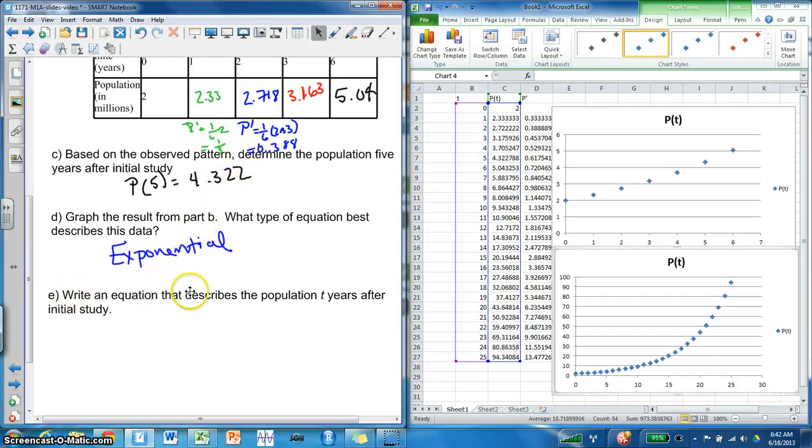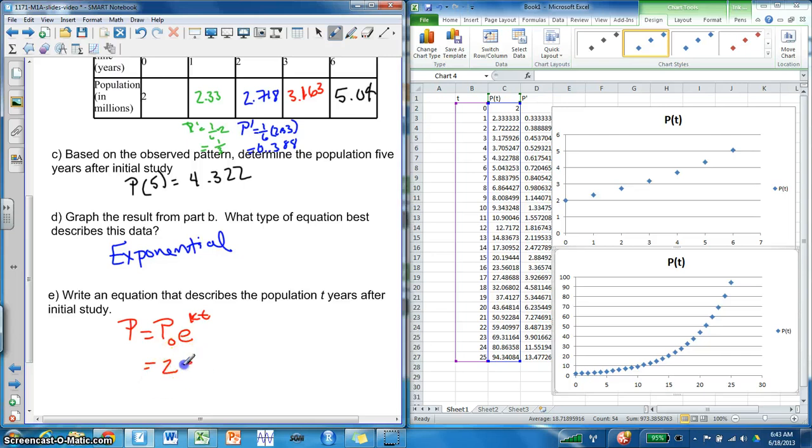Okay, so writing an equation that describes the population t years after initial study. Well, the basic exponential model follows this equation: P is equal to P naught, which is our initial population, e to the kt. Okay, so we can go through and find, well, our initial population we said was 2 million.